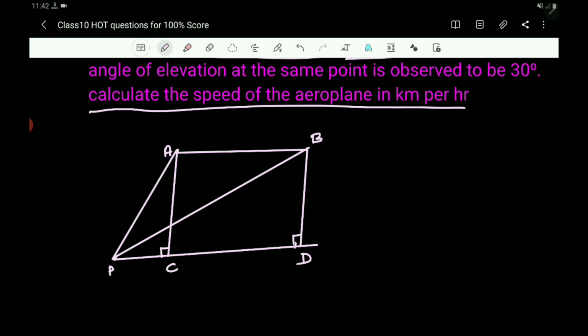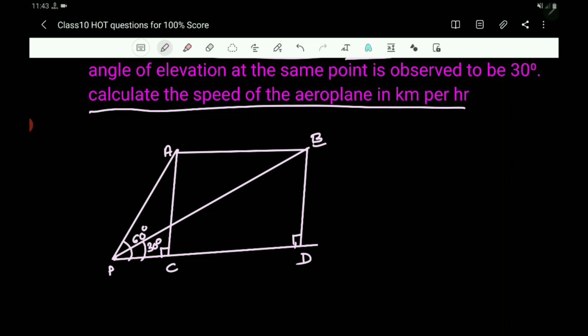Now here the angle of elevation of the point A when it is observed from the point P is how much? That is 60 degree. And the angle of elevation of the point B when it is observed from the point P is 30 degree. 60 degree and 30 degree.